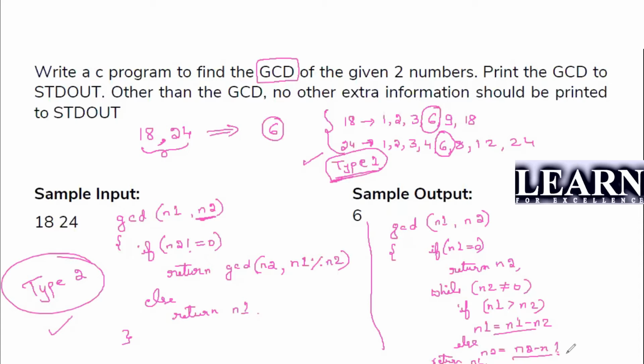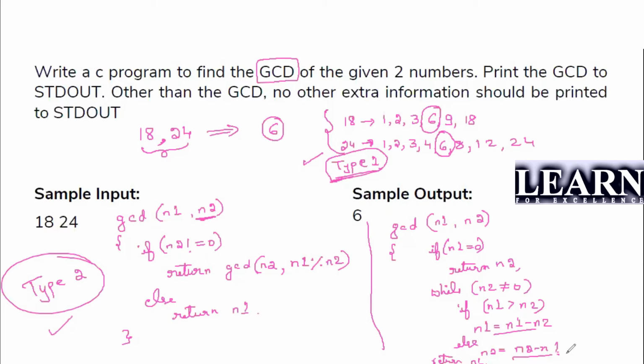Okay. So instead of understanding in terms of Euclid's algorithm, you can understand with respect to subtraction. Yes, there are other ways also to find the answer with the help of normal subtraction, without using a while loop, where you have to take the modulus also.